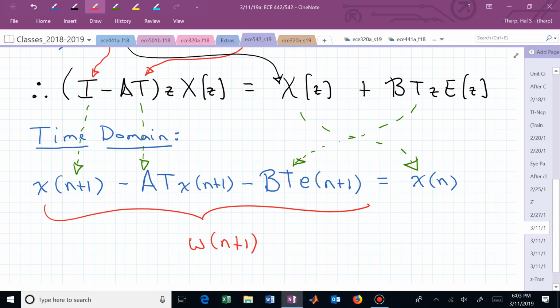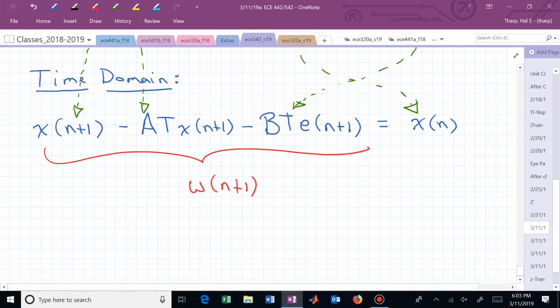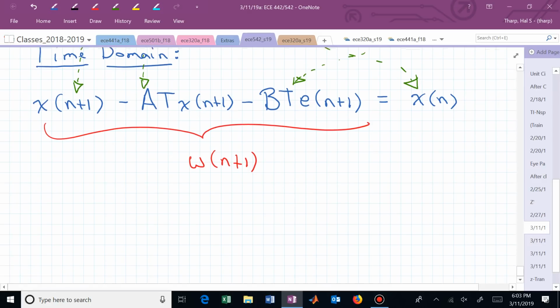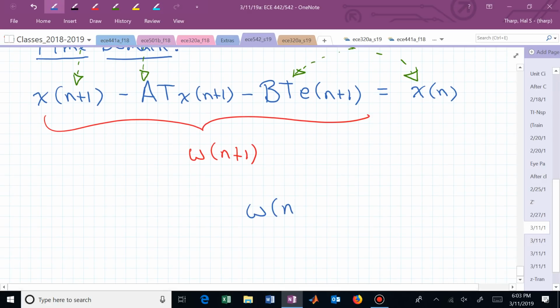And w at time n plus 1 is equal to the state in the discrete time setting at the present time little n. What I now have is w of n plus 1 is equal to x of n.